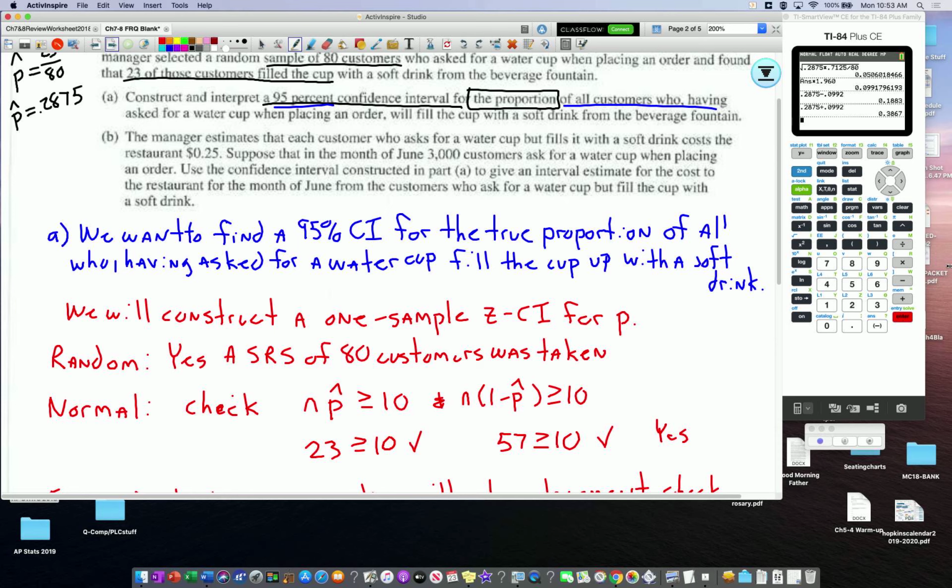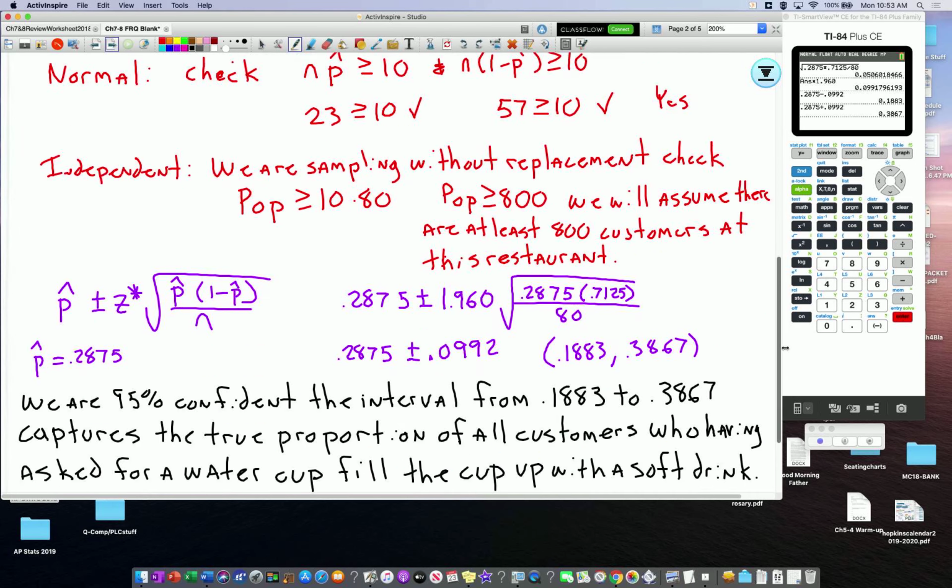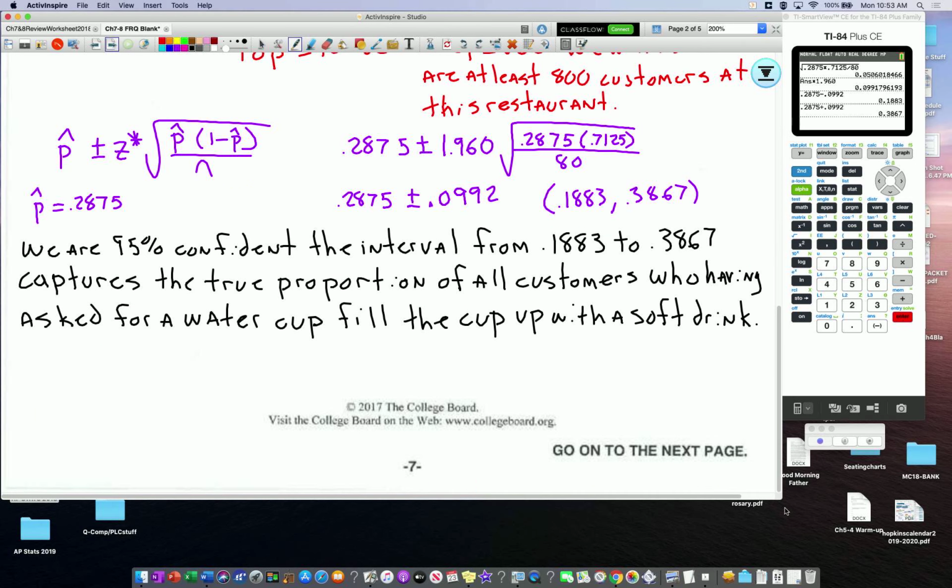Use the confidence interval constructed in part A to give an interval estimate for the cost to the restaurant for the month of June from the customers who asked for the water cup but fill the cup up with a soft drink. I think this is a pretty simple question to calculate.